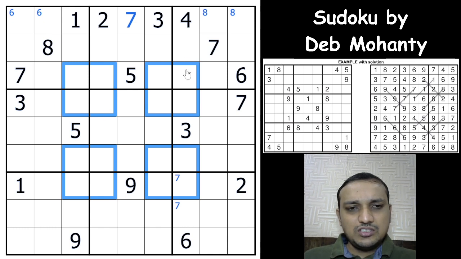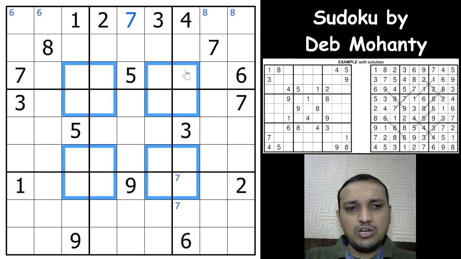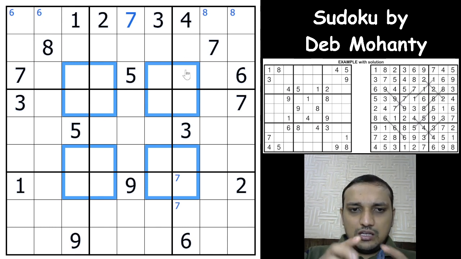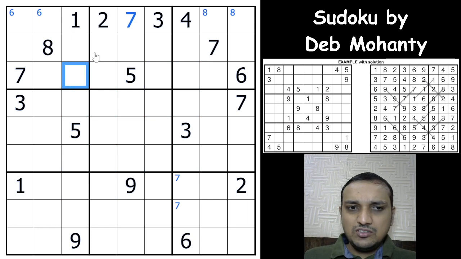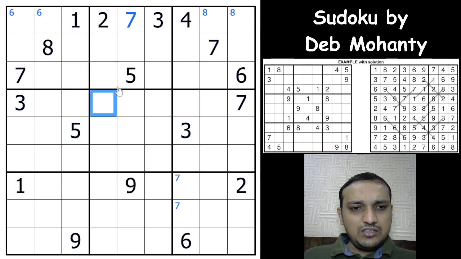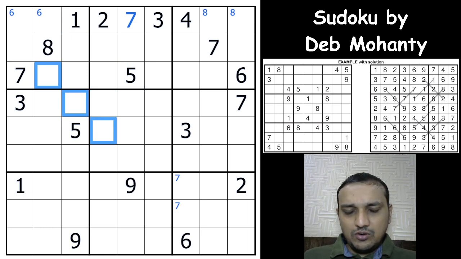Pins can only be on these 16 cells, right? These cells are the middle cells of the pin. So this cell is the middle cell of this pin, this cell is the middle cell of this pin, this cell is the middle cell for this pin, and this cell is the middle cell for this pin, right? Let me show you that here.